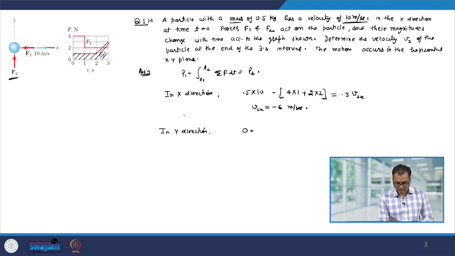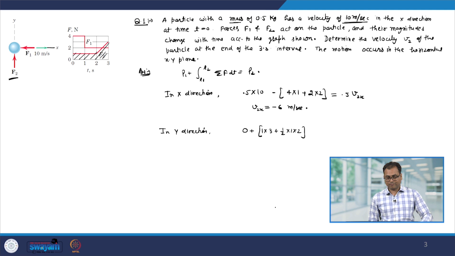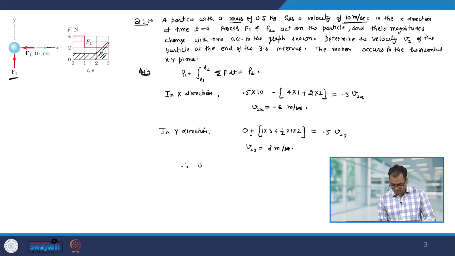So, it will be 1 into 3 plus 1 half into 1 into 2. This is integral F dt, and it will be positive because the force is acting in the plus y direction, equal to m v2y, where m is 0.5. So, from here you can see that v2y comes out to be 8 meter per second. Therefore, the final velocity v will be minus 6i plus 8j.